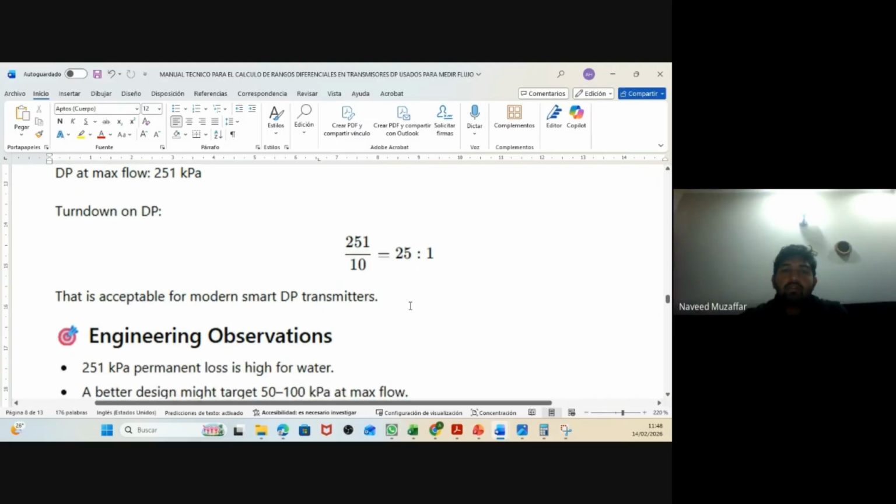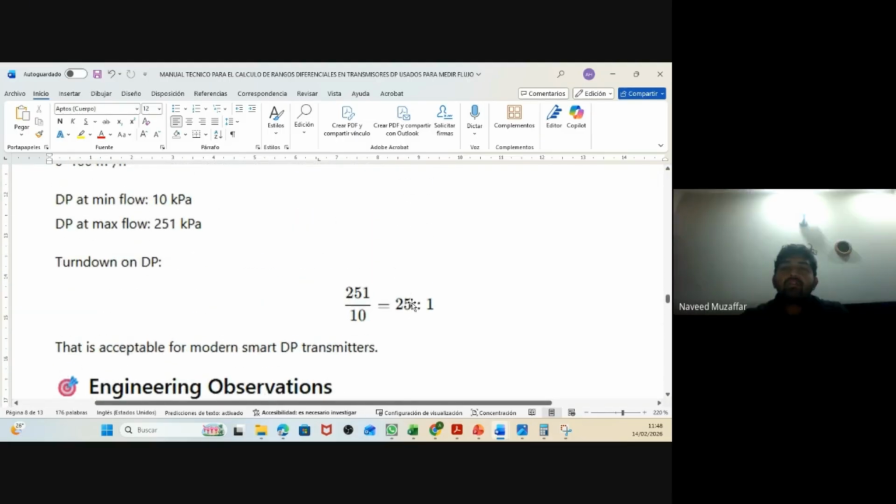We usually mention turn down in flow rate also. This is the turn down on DP, but we can also mention it in flow rate units as well, like DP at 10 kilopascal minimum flow will be, for example, 30 cubic meters per hour, or at maximum flow rate, let's suppose it's 50 cubic meters per hour.